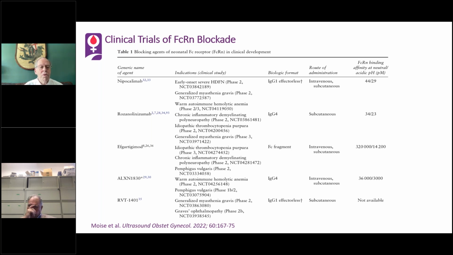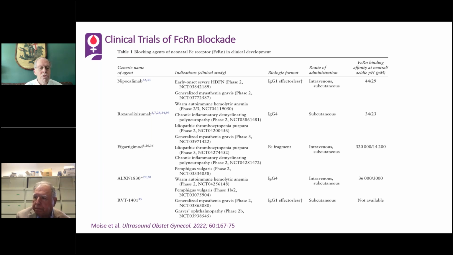There are a number of other inhibitors, as you can see. Efgartigimod is unique because it is only an Fc piece with 5 amino acids modified to increase its affinity to FcRn.